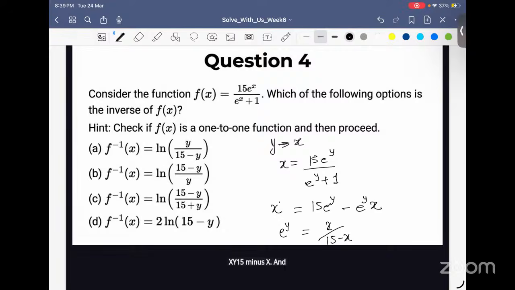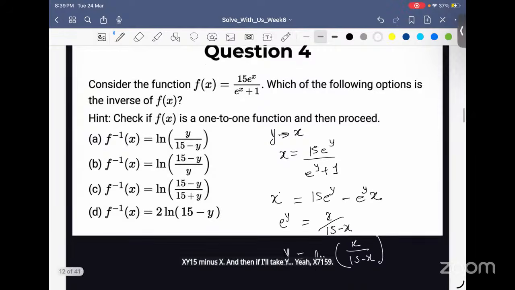And then taking ln, y equals ln of x upon 15 minus x. Yes, this way you can calculate the inverse.